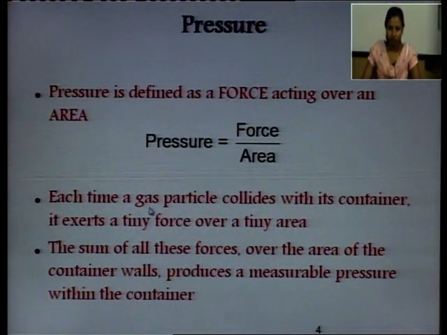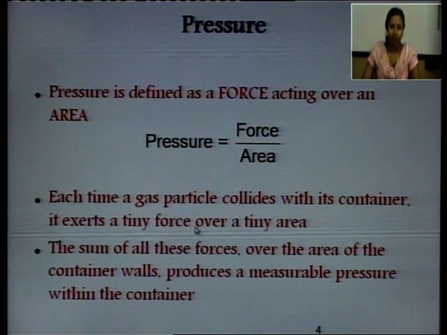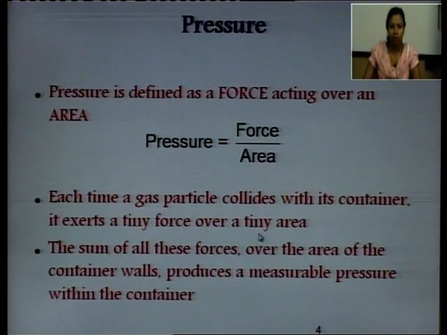So, if we talk about fluids like gases, each gas particle collides with the container walls, and each particle will exert a force over an area. So, each particle will exert a pressure on the walls of the container. The sum of all these forces over the area of the container walls produces a pressure within the container.